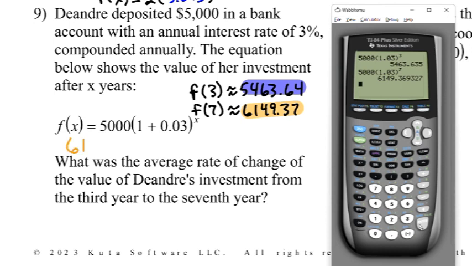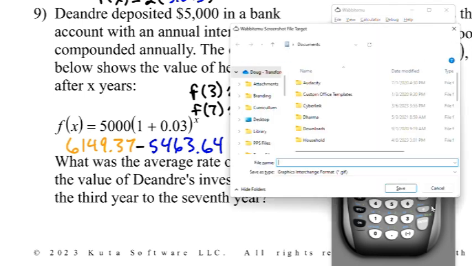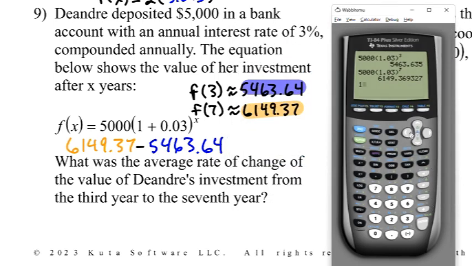We're going to do $6,149.37 minus the $5,463.64. So $6,149.37 subtract $5,463.64.